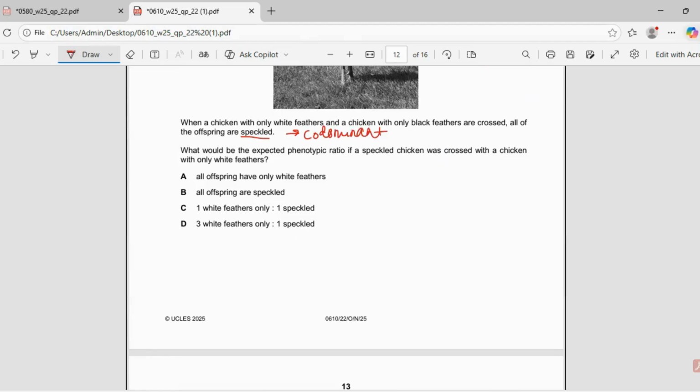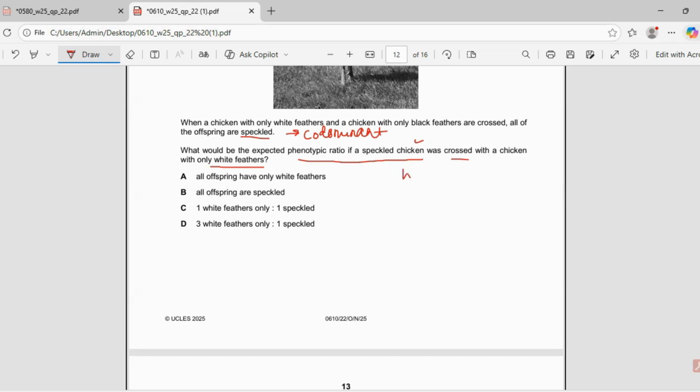What would be the expected phenotypic ratio if a speckled chicken was crossed with a chicken with only white feathers? Suppose you take codominance, you can denote it in this manner.